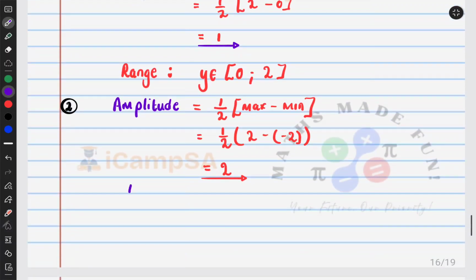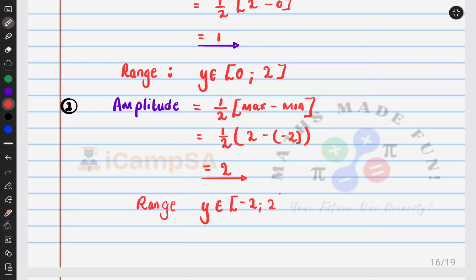And then for the range, we use the maximum and the minimum value. y is an element from -2 to +2.